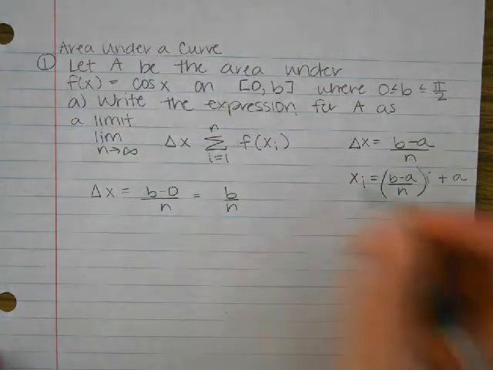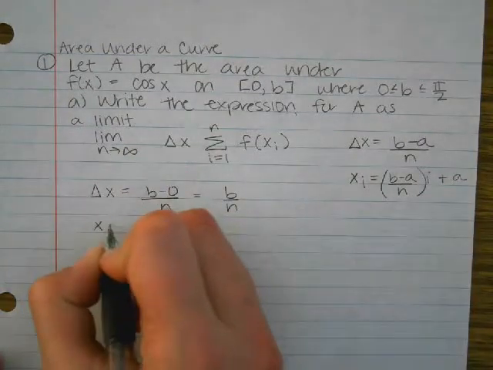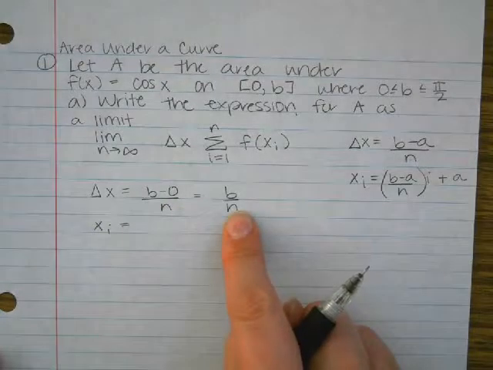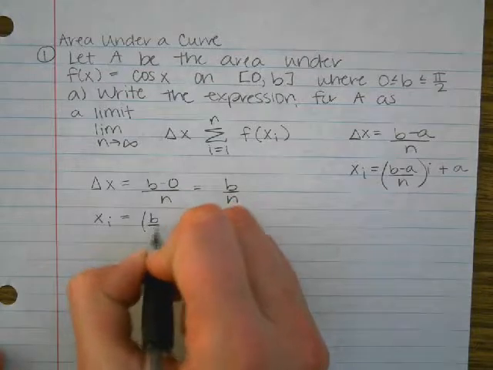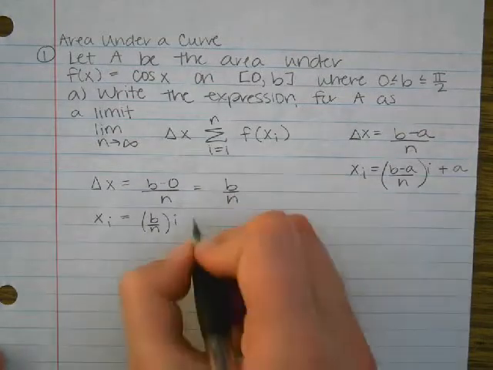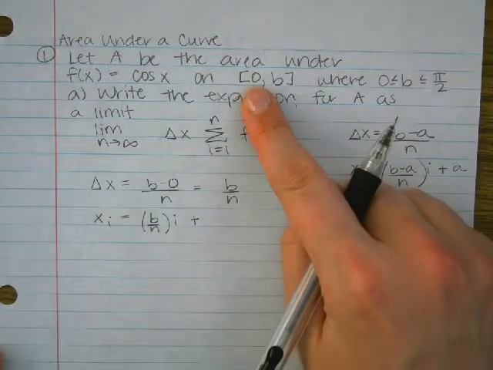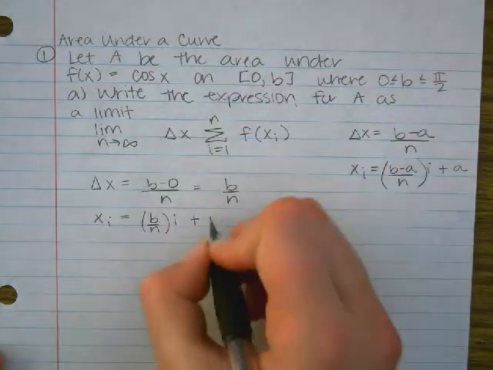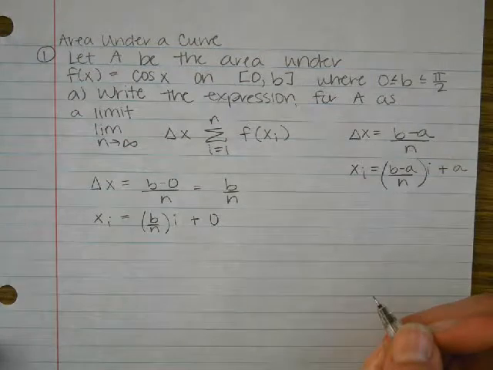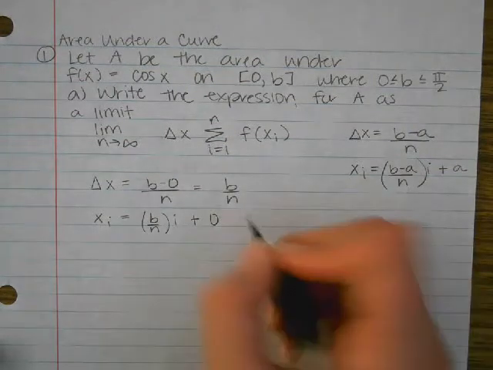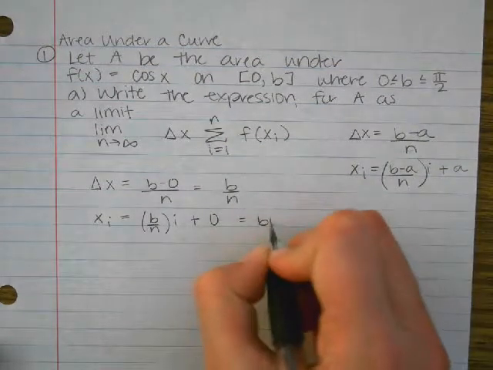Right? And then x sub i is whatever we got for this multiplied by i. So that's b over n multiplied by i plus the lower end of our interval, which is 0. And so that gives us bi over n.